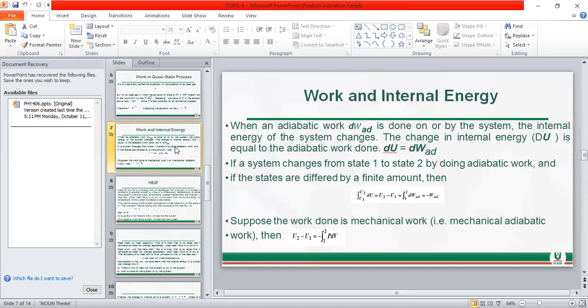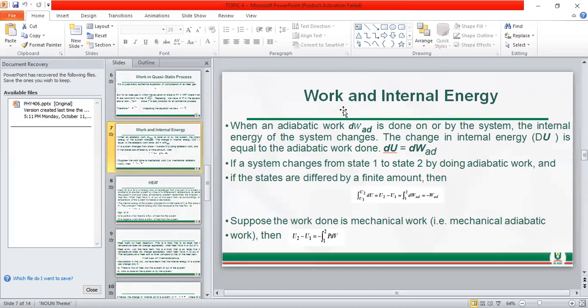The internal energy lost or gained is equal to the work done. So nothing is missing. If you are saying there's a change in internal energy of a system, it is as a result of the work done, because here you have work done on a system or by the system.